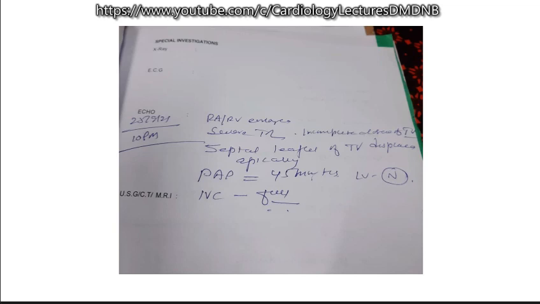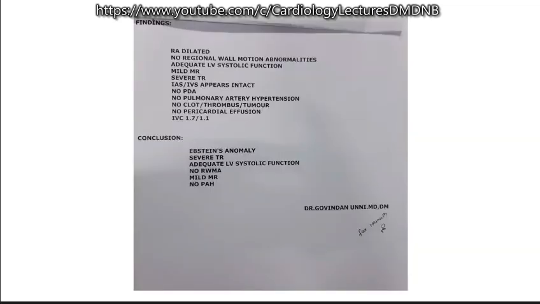Yes. So the pulmonary artery, I could not see. So that is what they have given in the report. The report says RA dilated, no regional wall motion abnormality, adequate LV, mild MR, severe TR. Sir, there was an echo drop I could see, sir.